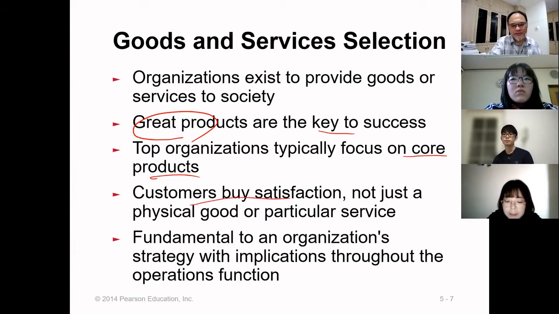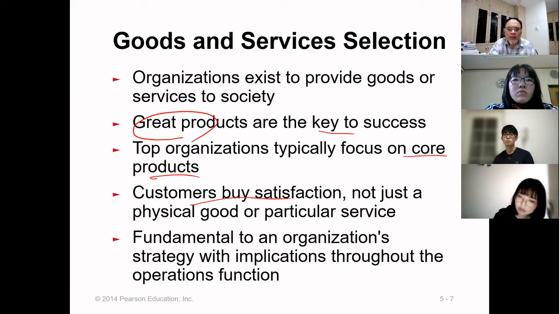Customers look for not only a very nice color and shape, but the ability for it to meet their requirements when using it. Is it functioning very well? For example, you buy a new car, does it cause problems? So customers buy satisfaction. They don't just look for the outer appearance.